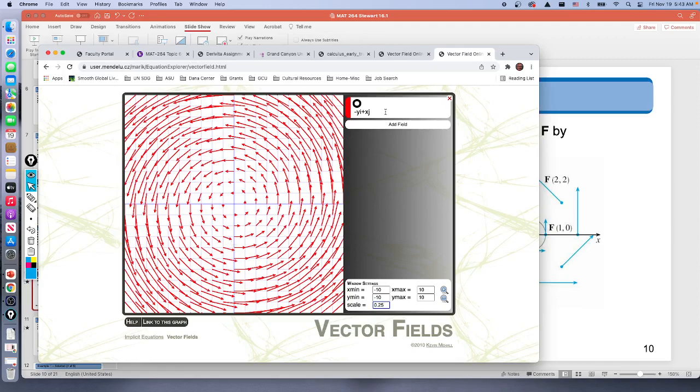So for at least the two dimensionals, you can enter it here and see what direction things are going. And then just remember that you can pull these things out. Like you could say, okay, this point is 2, -1. Let's see if I plug that in, what's that going to give me? And you can see it's going to give you this vector that's coming right out of here.